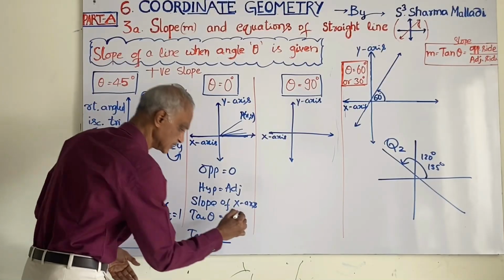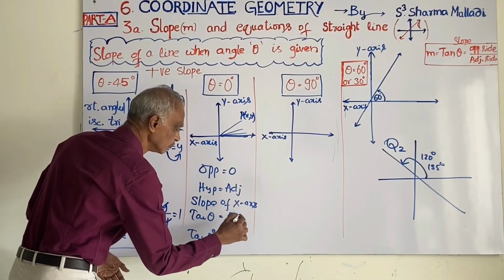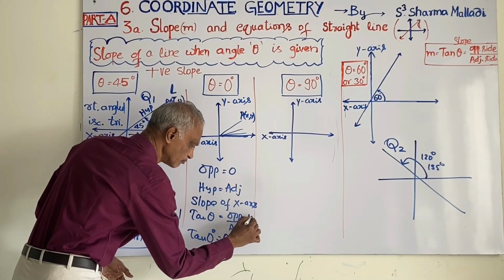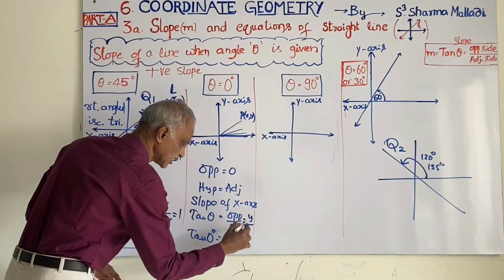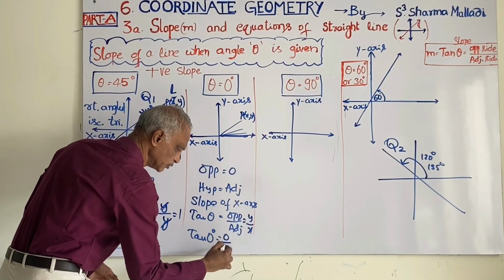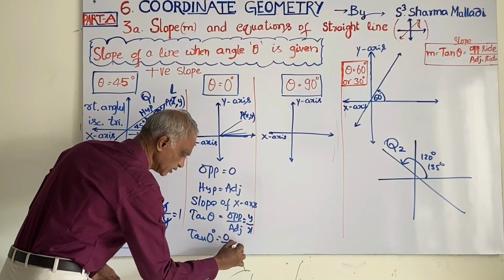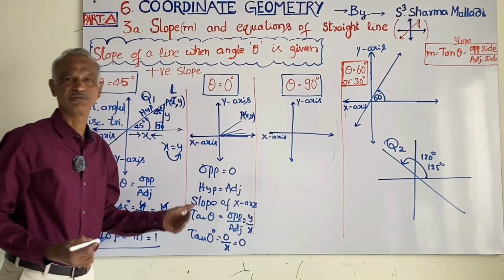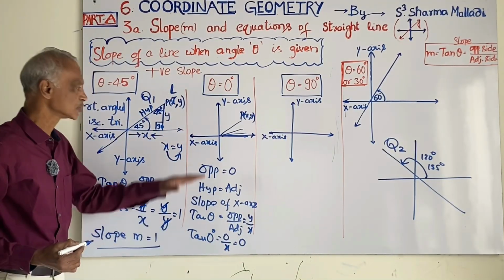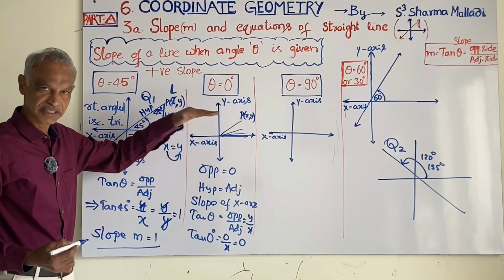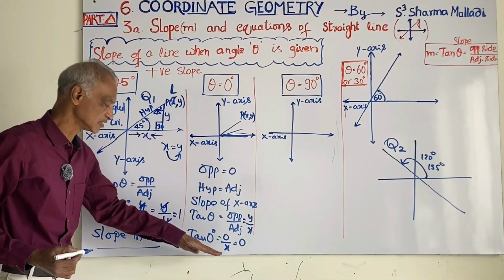You can write it like this: y by x, where y is 0 and this is x. The slope of this line when theta is equal to 0, that is the x-axis, is 0.